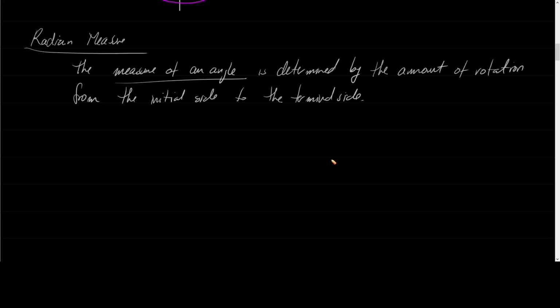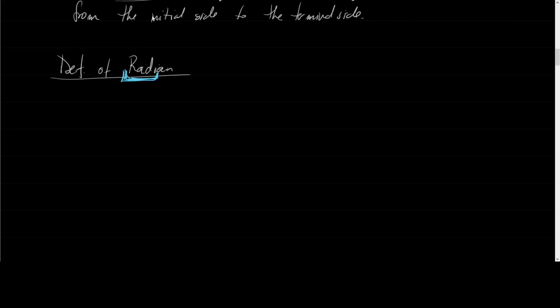So let's actually define what a radian measure is for this. So, definition of radian. The keyword here, or the root word that you should be looking at, is radii. Essentially, this tells you that this is going to have to do something with the radius. So keep that in mind while we talk about this definition.